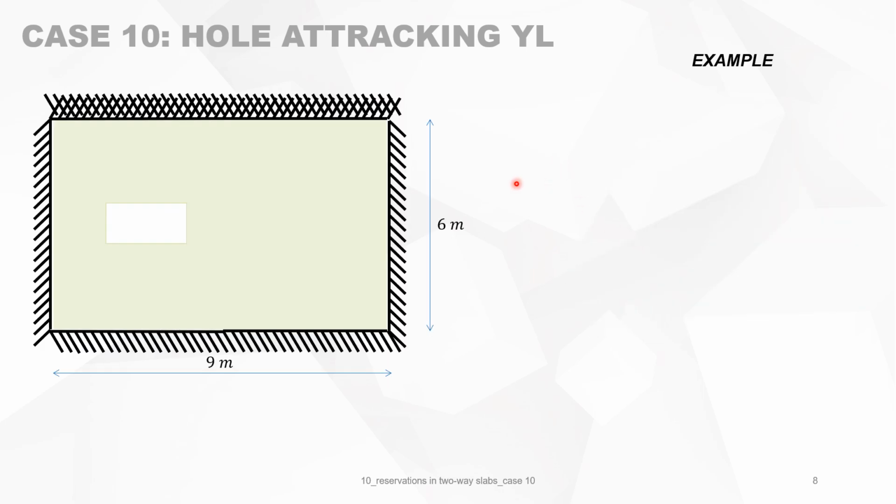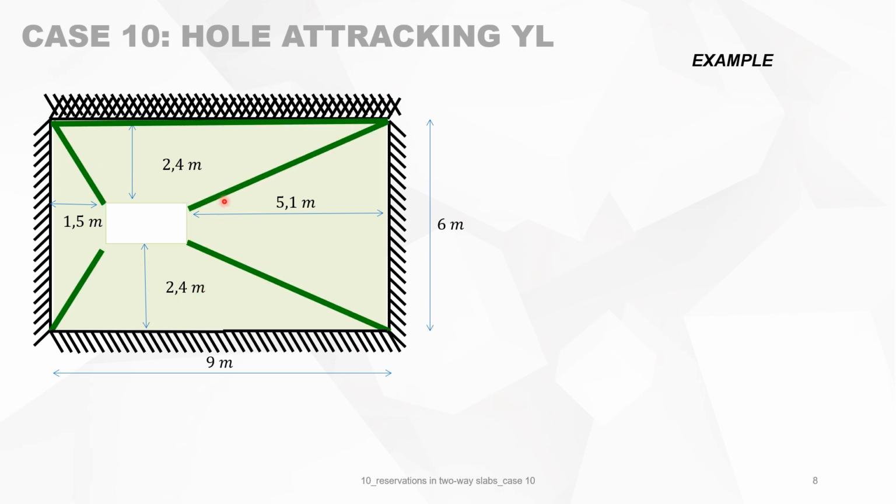Let's give an example of how we can go on with that. We have a slab with dimensions 9 and 6 meters, and there is a reservation in it, and this reservation is positioned like it is mentioned on the drawing. We draw the yield lines.